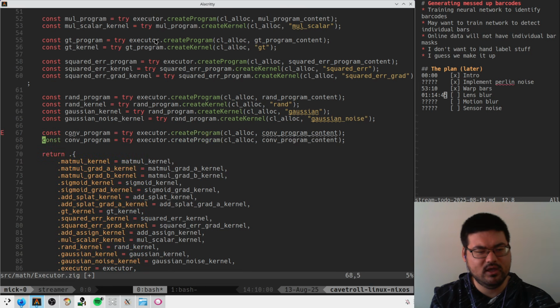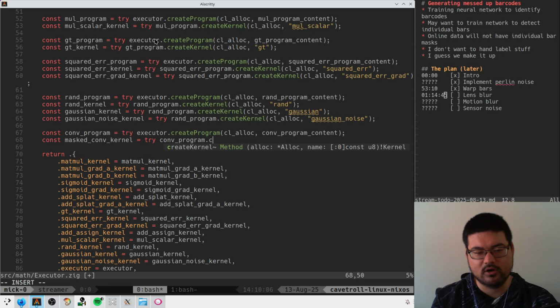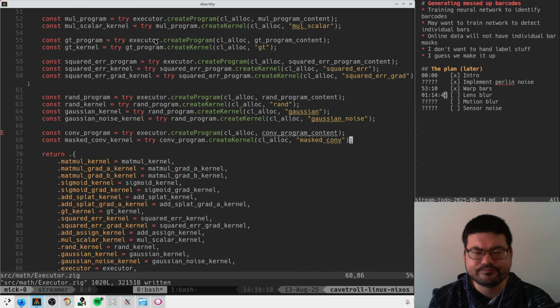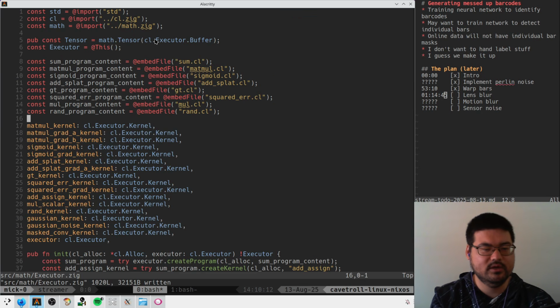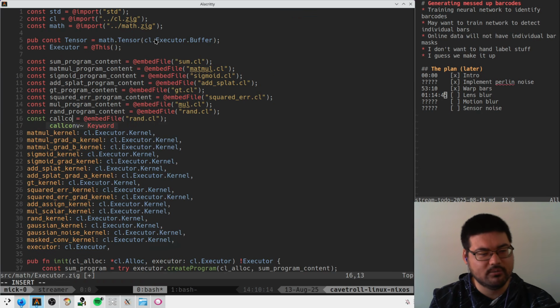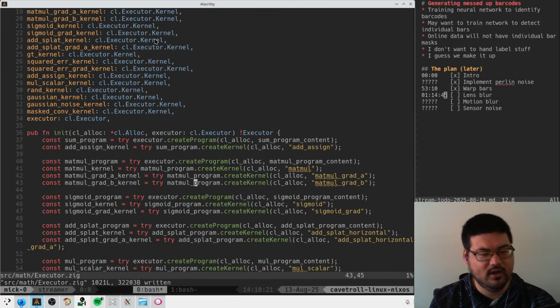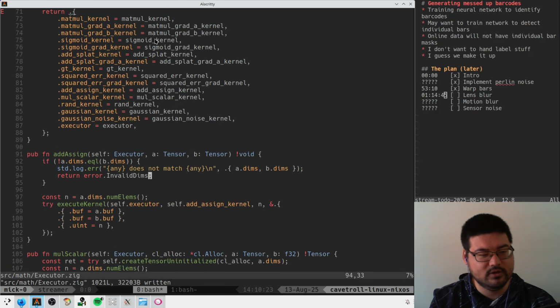We have the masked conv kernel is conv program create a kernel called masked conv. We embed the conv program content here. And then we assign this here.